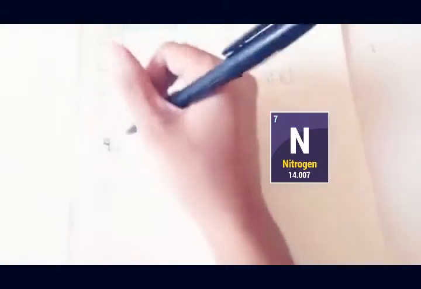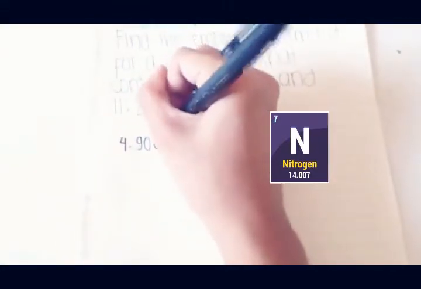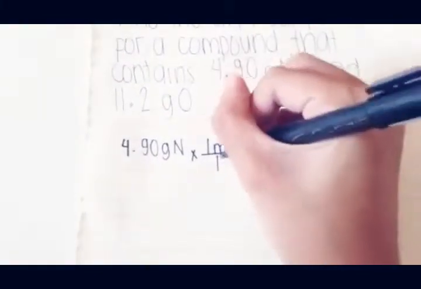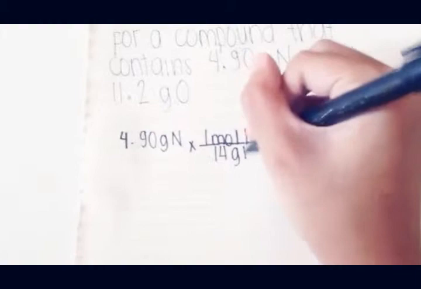Likewise, we have to first write the nitrogen, which is 40.90 grams nitrogen. And we have to multiply it by 1 mole nitrogen, and we have to divide it by the atomic weight of nitrogen, which is 14 grams nitrogen.